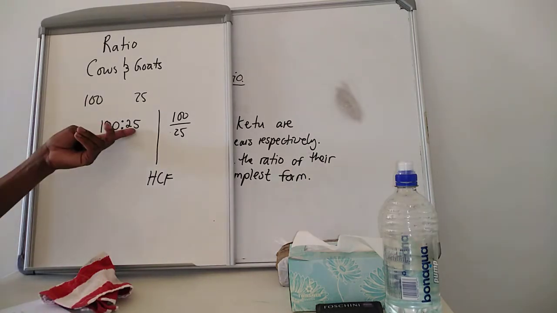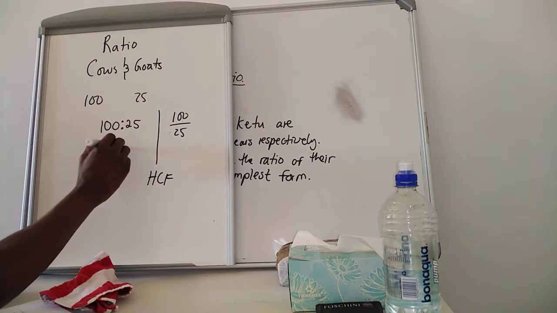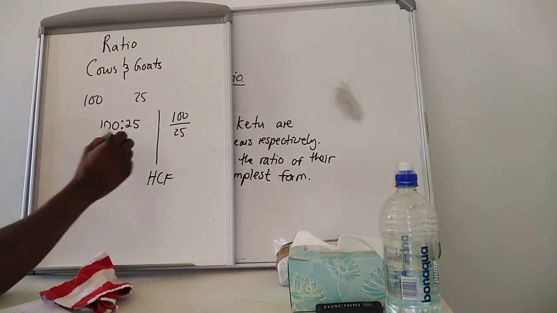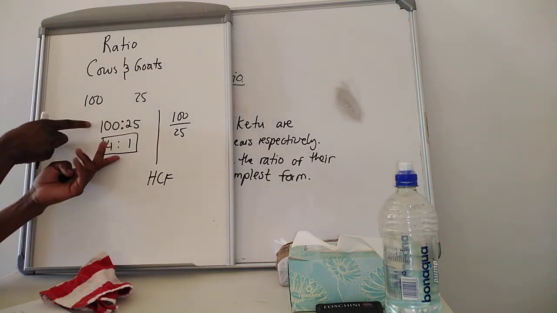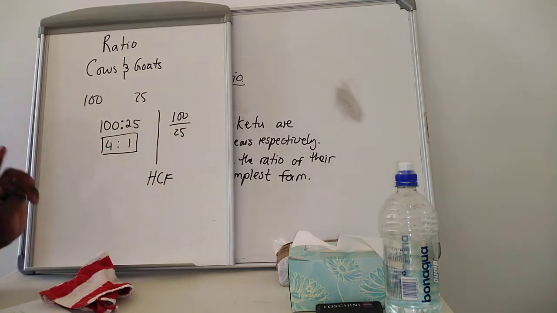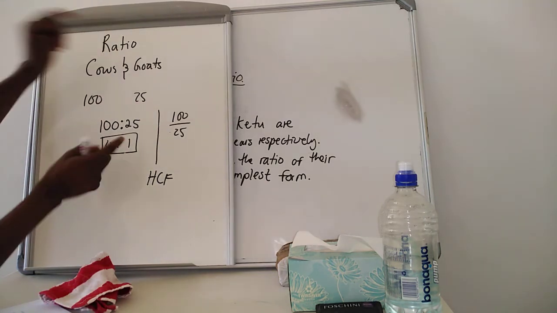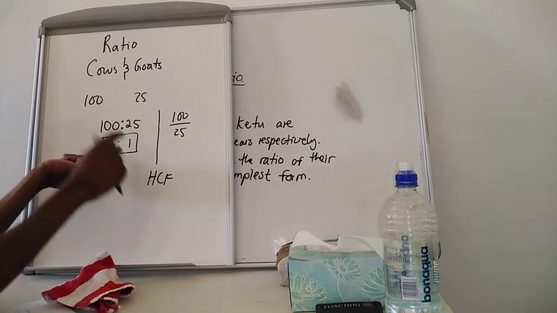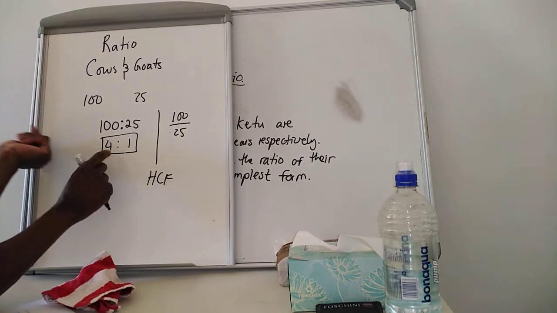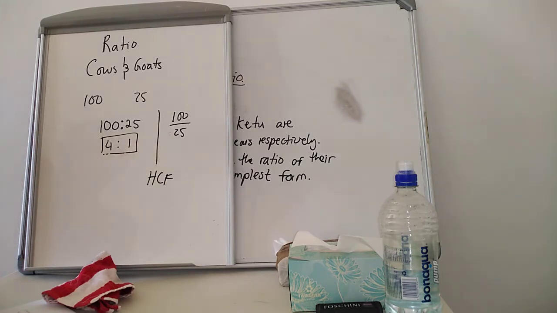So 25 is the highest common factor of the two numbers. 25 goes into 100 4 times, and 25 goes into itself 1 time. So now this is more meaningful than the bigger numbers, because I can see that for every 4 cows I have 1 goat. Or you can say I have more cows than goats, because for every 4 cows I have 1 goat.